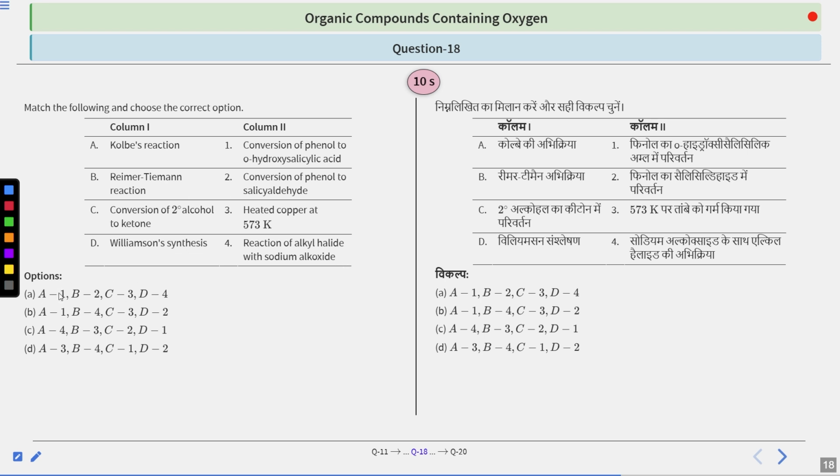Options are A1, B2, C3, D4; A1, B4, C3, D2; A4, B3, C2, D1; A3, B4, C1, D2. You have some time to think about this question. After that, we will see the answer.